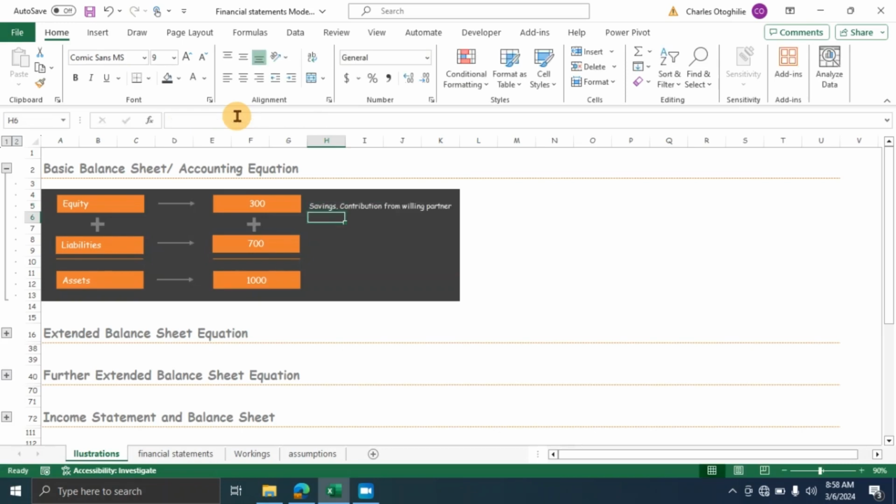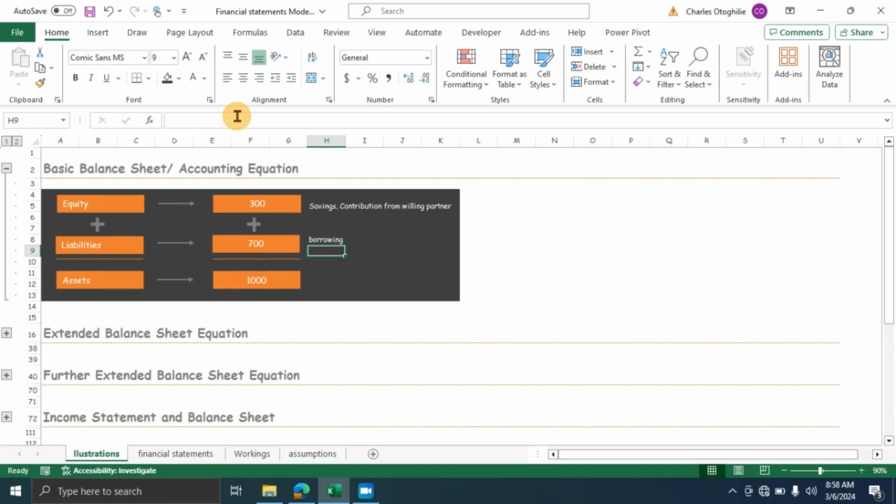A group of persons can come together, put some money together, and say, okay, we want to start a business. They also might do some borrowing, and they put these borrowings together and then start the business.